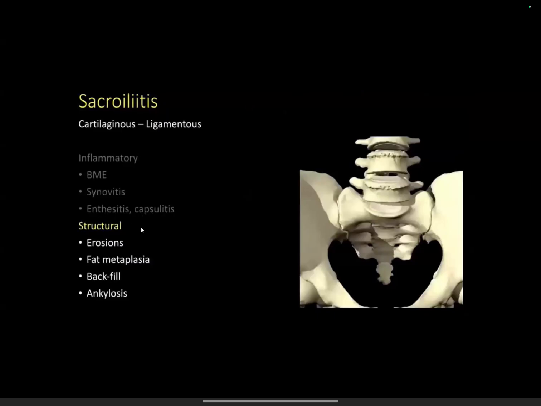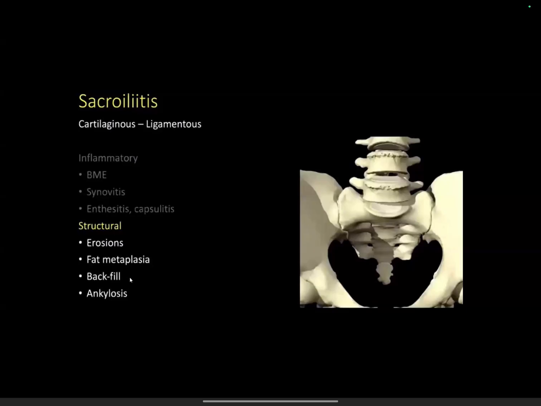Now coming on to structural lesions. We have just discussed inflammatory lesions, the spectrum seen in sacroiliitis. The structural lesions include erosion, fatty metaplasia, backfill, and ankylosis.